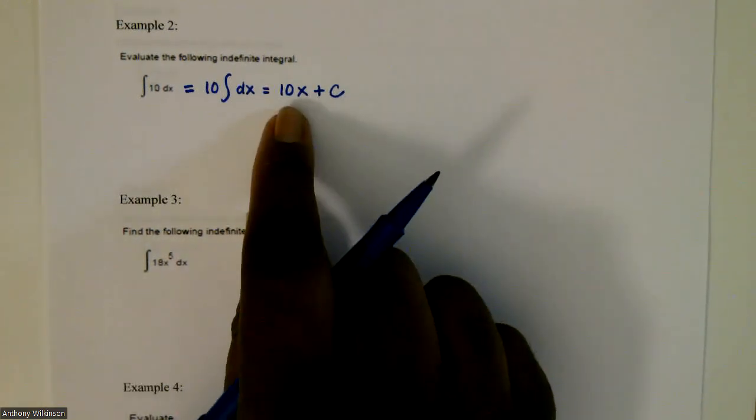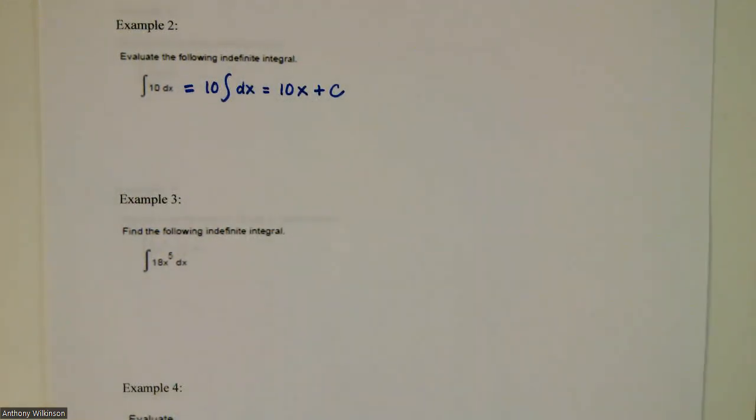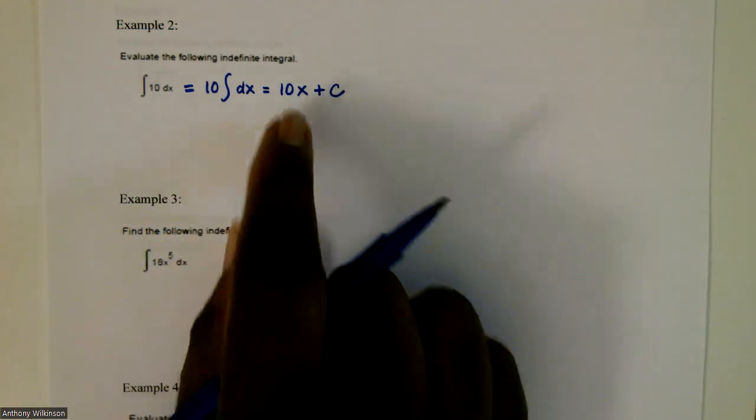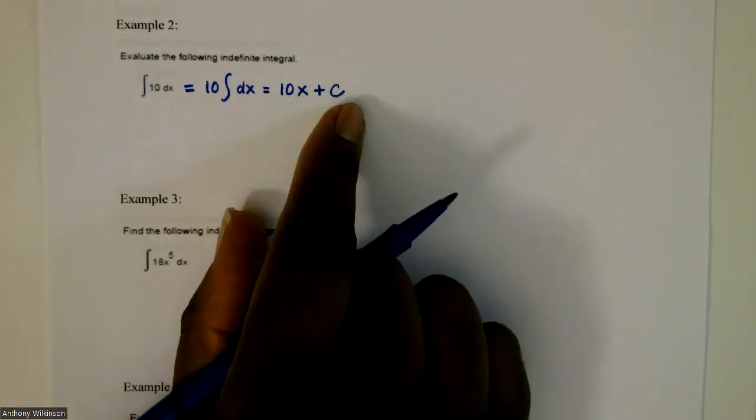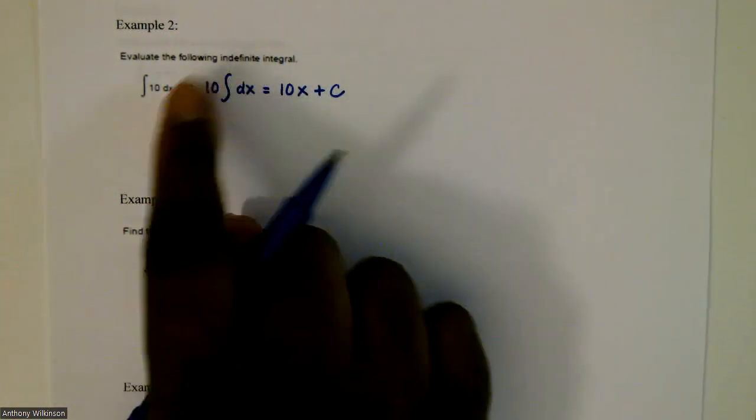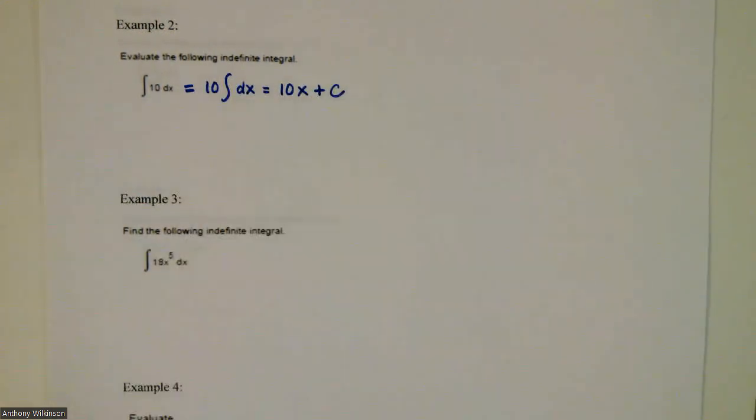And you can check to see if you did the integration correct. By just taking the derivative of 10x plus the constant, the derivative of 10x would just be 10, and then the derivative of the constant is 0. So that means I have done this correctly. So the integral of 10 dx will end up being 10x plus c.